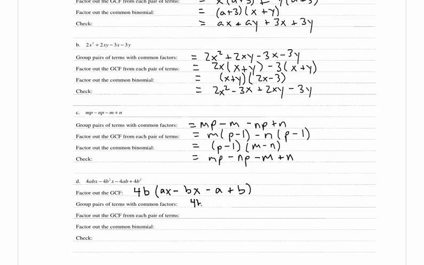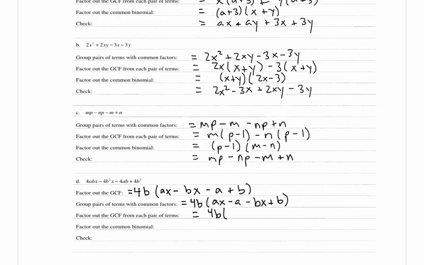So we're going to have 4b, and in parentheses, I'm going to group my two terms with an a. So I have ax minus a, and then I have two terms with a b. So minus bx plus b. And now we want to factor out the greatest common factor from each pair.